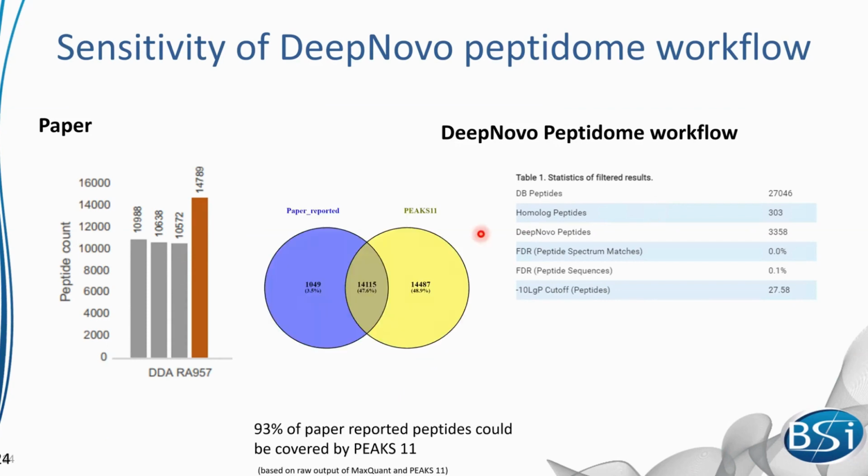So we compared the peptide sequences reported in the paper and in Pix11, and we found that the majority, nearly 93% of the peptides reported in the paper, can be covered by Pix11. So we can say that the sensitivity is good, and it can cover most of the reported sequences.